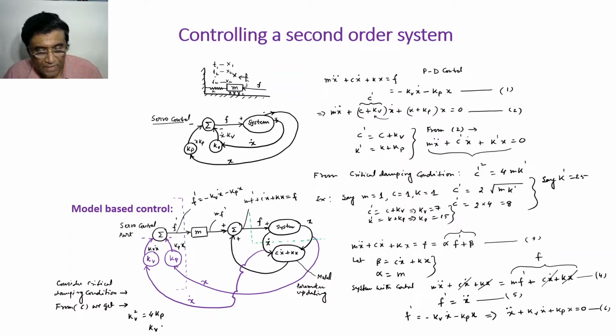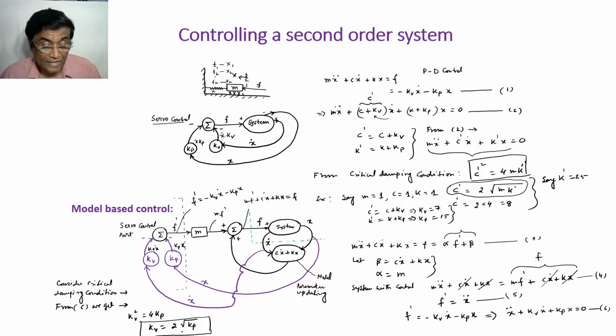That is kv equals 2 root kp. Isn't it great? See, now I have much more freedom than this, or than what we had earlier, where you were required to know the system parameters. Here I do not require that. So directly I do not require to specify what system I am going to control.